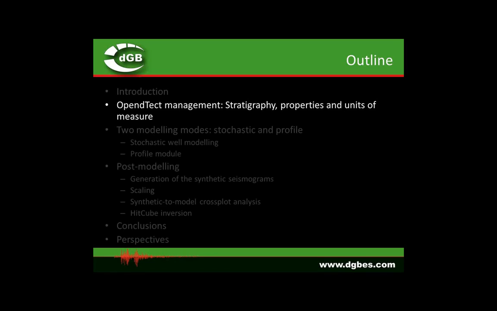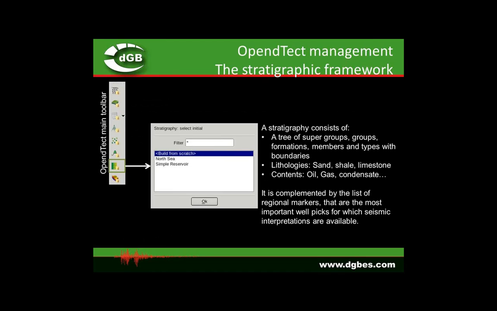Let me start with the OpenDetect management tools, and that is mainly working with the stratigraphic framework in OpenDetect. You may have noticed already from a few years ago that we have added this stratigraphy that is accessible from the OpenDetect main toolbar, and that consists of a tree of supergroups, groups, formations, members, and types with their corresponding boundaries, top or base.